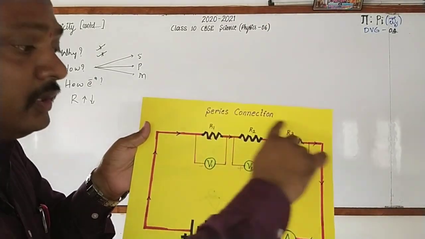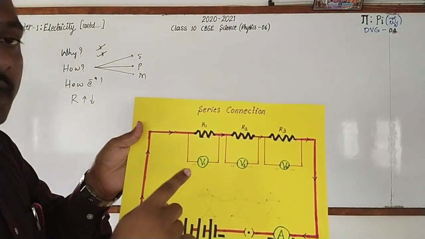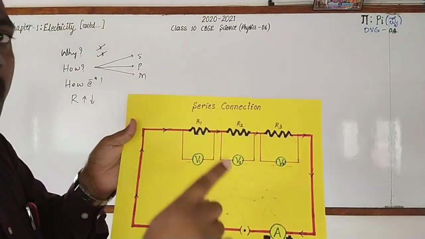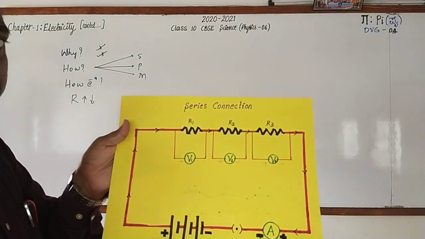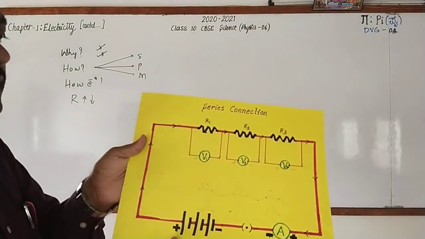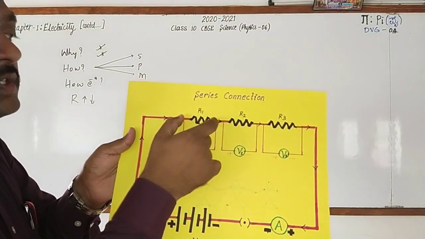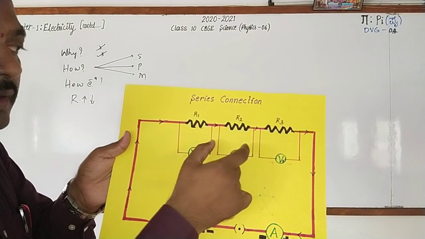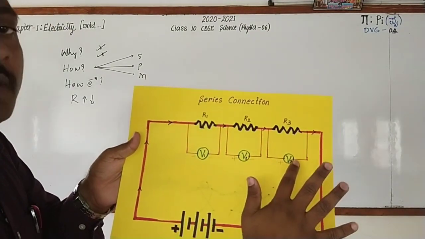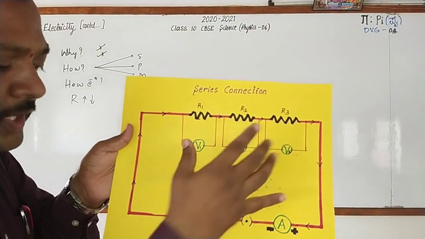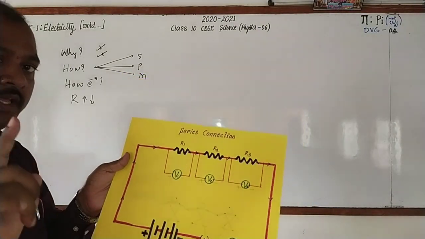And the effective resistance of the entire circuit can be written as Rs equal to R1 plus R2 plus R3, as we have taken three resistors here. And the third important point is the potential difference across each resistor will differ from one to another. But when you add all these potential differences, it will be equal to the potential difference of the battery.